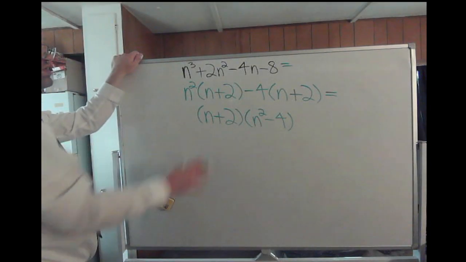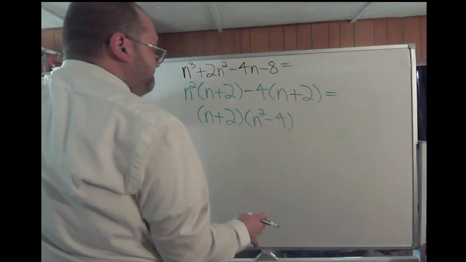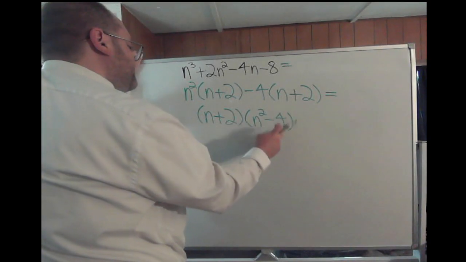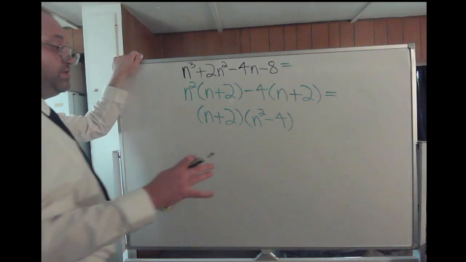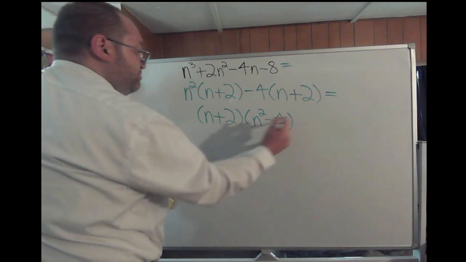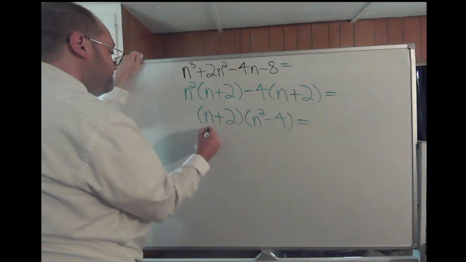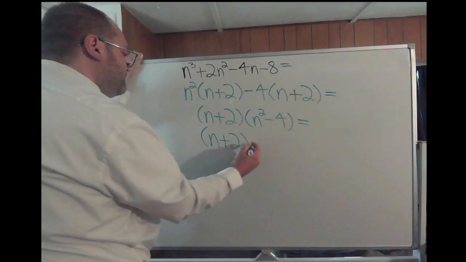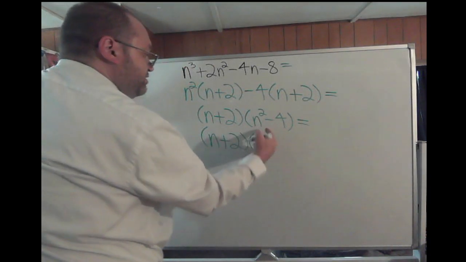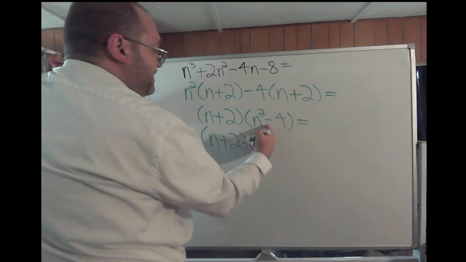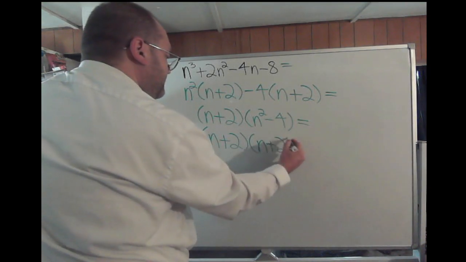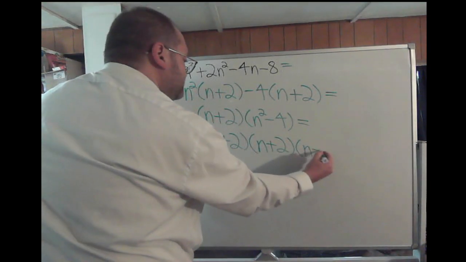Well, the n plus 2 doesn't factor any further. However, n squared minus 4 does factor further. It's the difference of 2 perfect squares. The factorization of n squared minus 4 is n plus 2 times n minus 2.